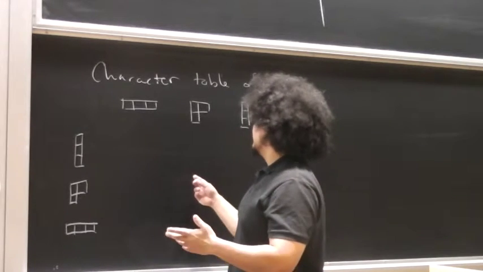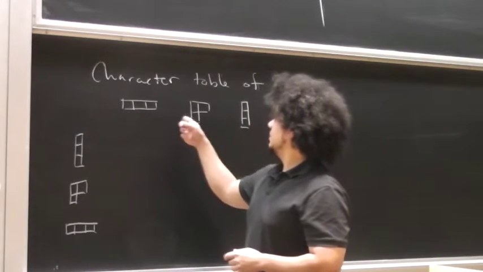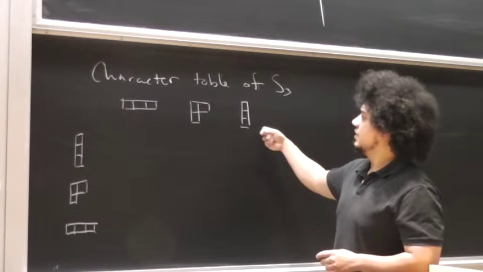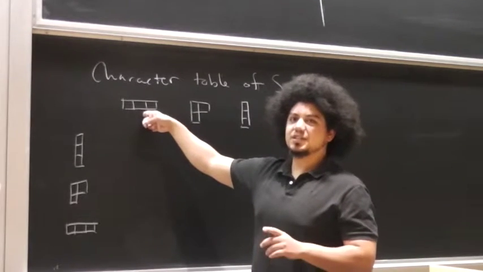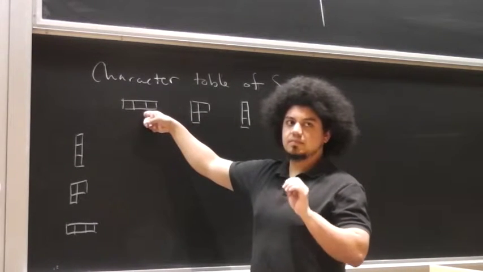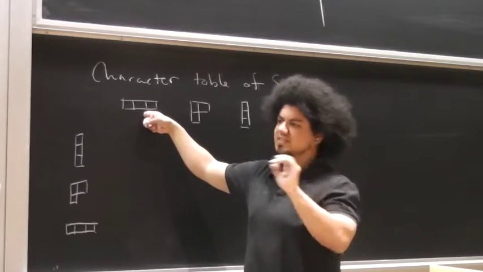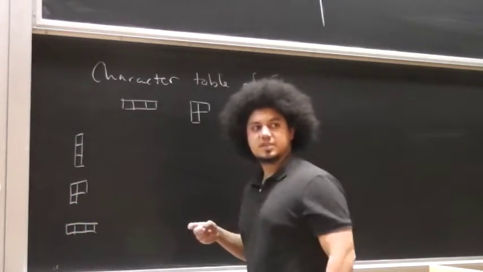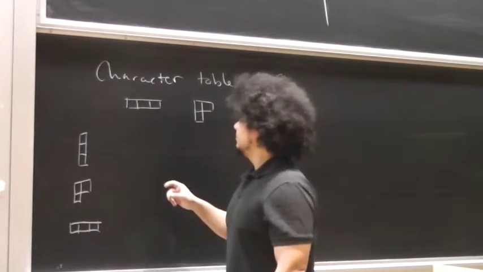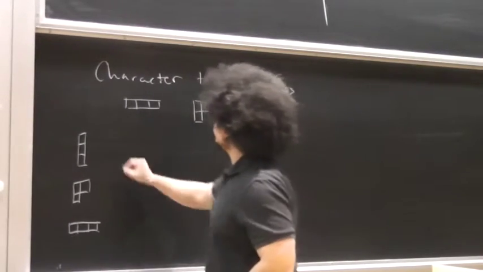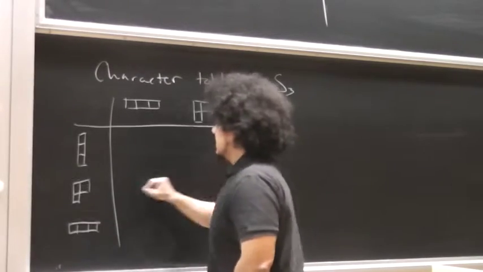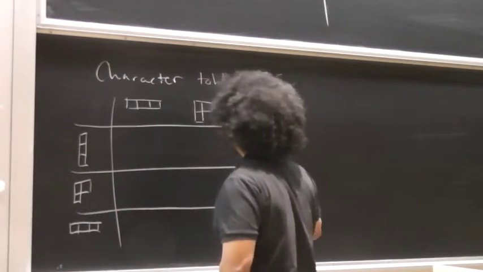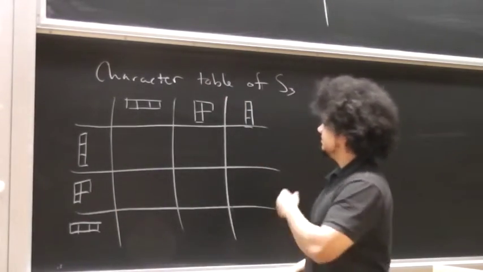And in the usual scheme that I use to talk about irreducible representations of the symmetric group, this one I usually reserve for the trivial representation. This is the one where the homomorphism just sends everything to 1, to the identity. And that's why I write it this way. So I'll write it like a table.